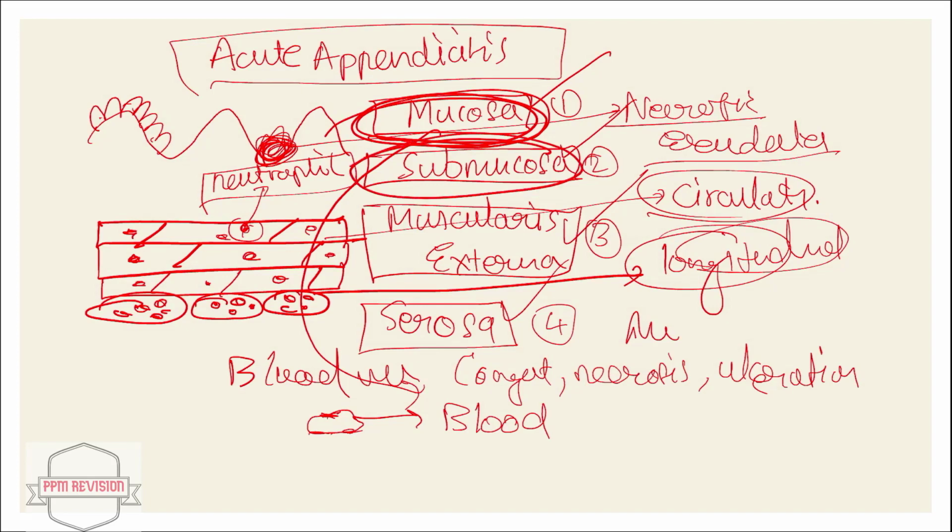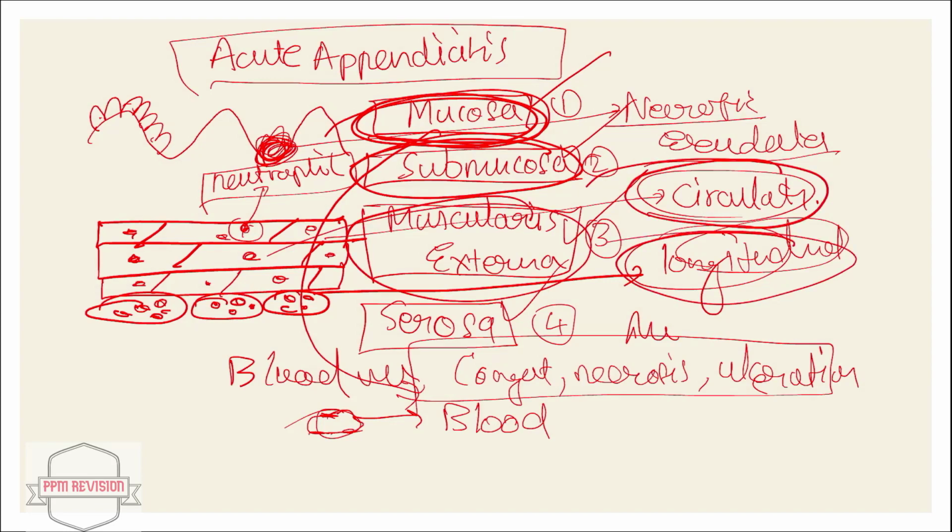Firstly, what needs to strike our mind is the layers: the mucosa, submucosa, muscularis externa, as well as the serosa. We can also see the congested blood vessels that can be present. And the muscularis externa, as mentioned earlier, is circular and longitudinal.